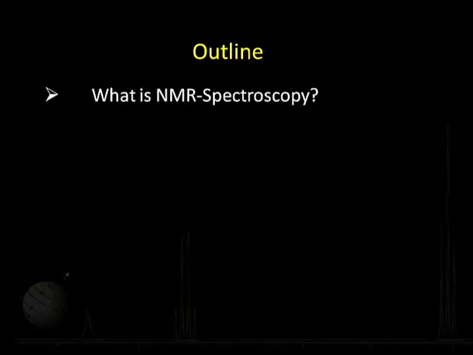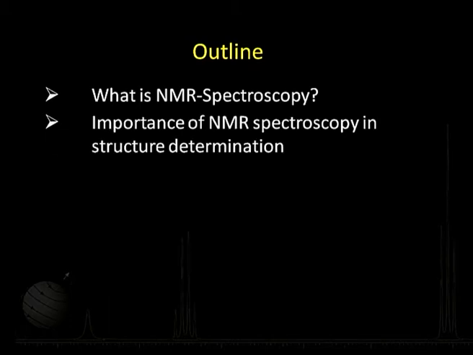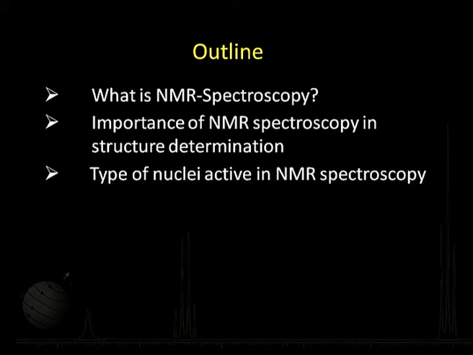The session is planned as follows. To begin with, we will try to understand what NMR spectroscopy is. Thereafter, we will talk about the importance of NMR spectroscopy in the context of structure determination, because that is the prime aim of an organic chemist. Thereafter, to understand the origin of the spectroscopy, we will see what kind of nuclei are active in NMR spectroscopy.